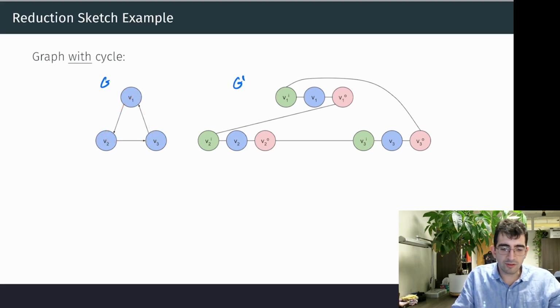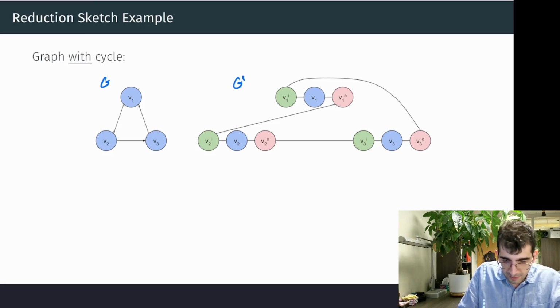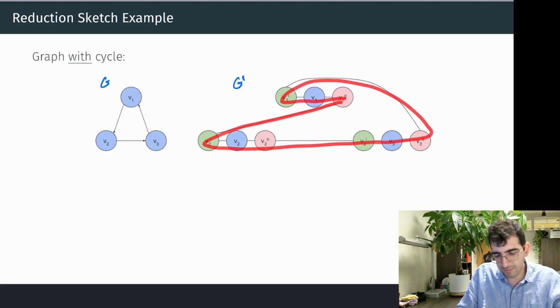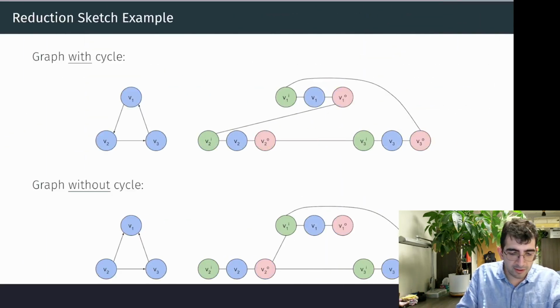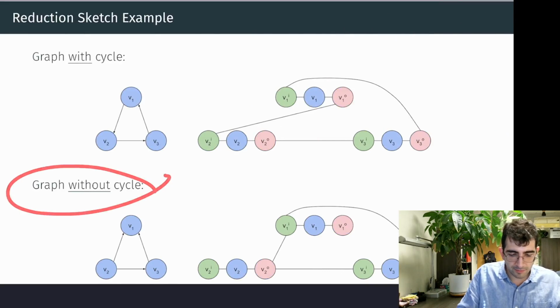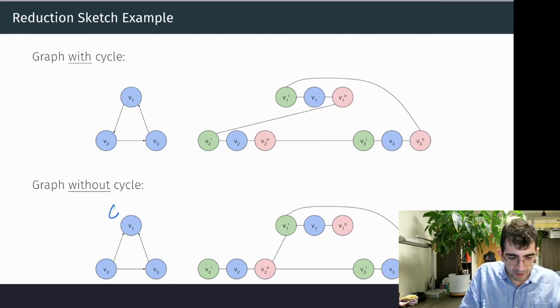Okay, so what does our G prime have? Does it have a cycle? And we see that indeed it does. Even though it's undirected, it goes this way, and this way. Okay, so far so good. What happens in a graph without a cycle? Well, in a graph without a cycle, we have our G and we have our G prime. In our graph without a cycle, look what happens.